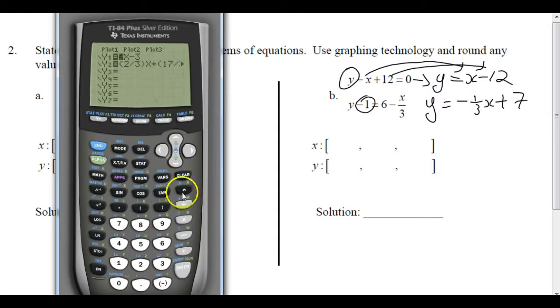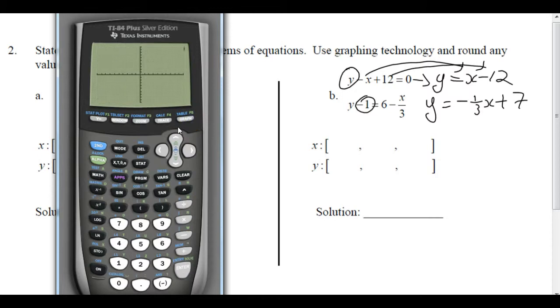Okay, go to y equals, clear out what's in there. So y1 is x minus 12. And y2 equals bracket, negative 1/3 x plus 7.